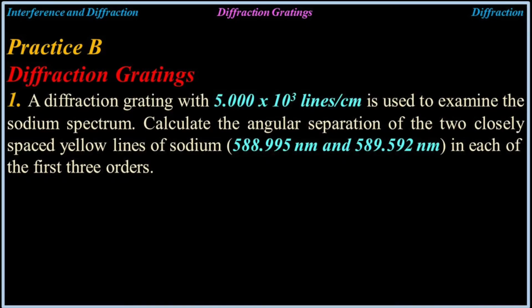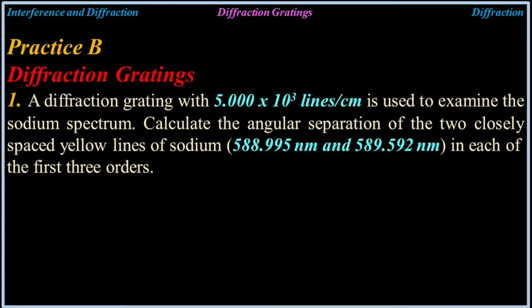1. A diffraction grating with 5,000 lines per centimeter is used to examine the sodium spectrum. Calculate the angular separation of the two closely spaced yellow lines of sodium, 588.995 nanometers and 589.592 nanometers, in each of the first three orders.